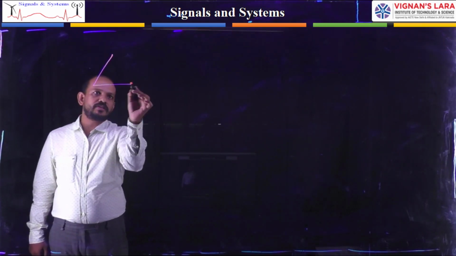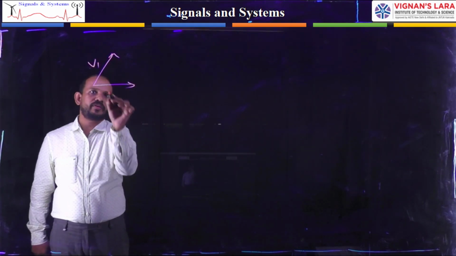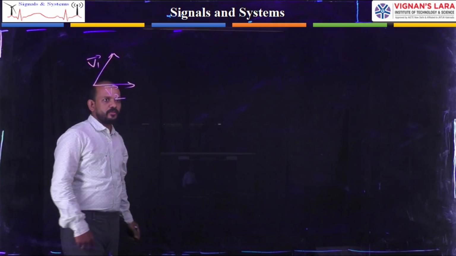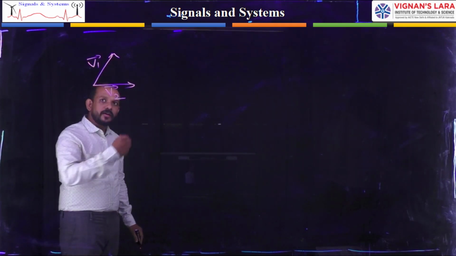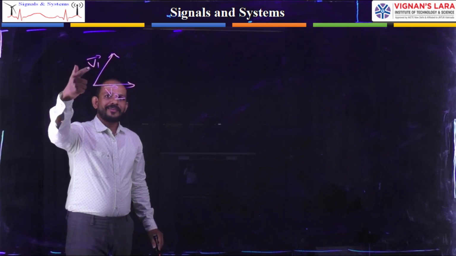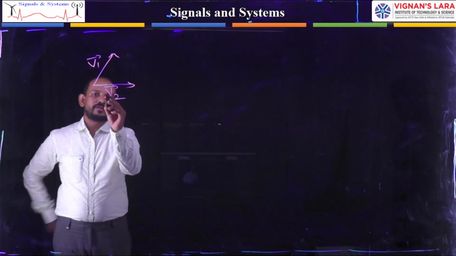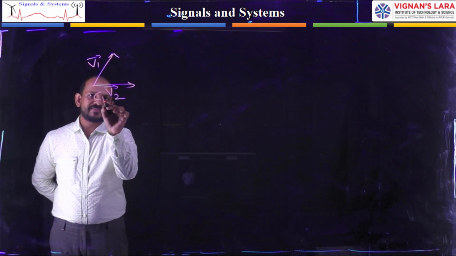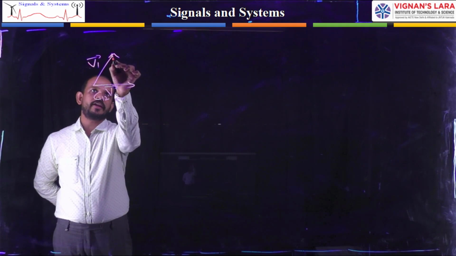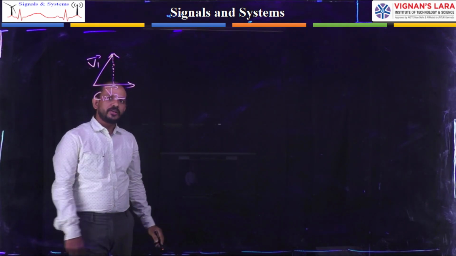I explained that there are two vectors, V1 bar and V2 bar. Now the component of V1 along V2 can be represented as C12 V2, and we can get this by drawing a perpendicular line from one end of V1 onto the V2 vector.